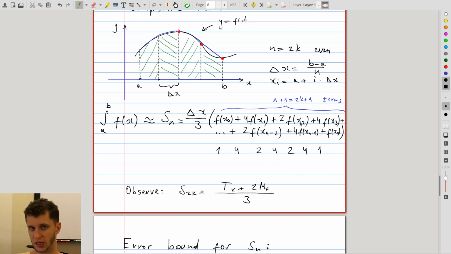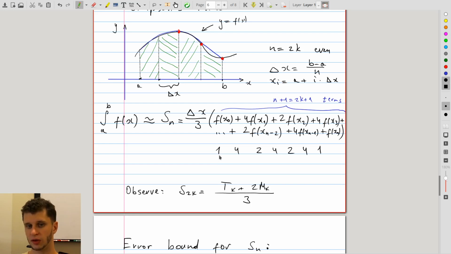We have an even n, and the values of f are evaluated at the left endpoint x0 and the right endpoint xn. So that's a total of n plus 1 points, an odd number of points. For that reason, this pattern of coefficients will always look like this.